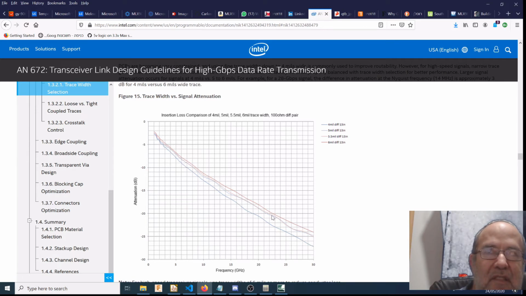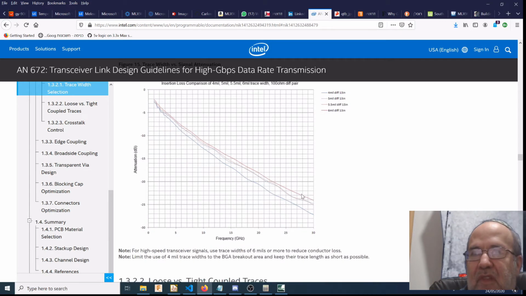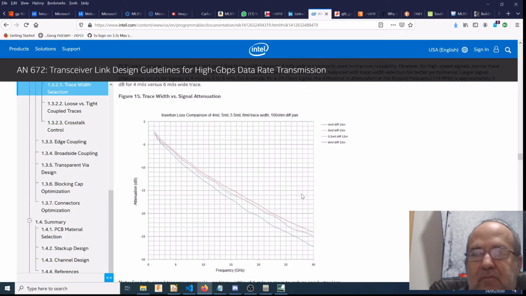And one can see the attenuation in dB going up as you use thinner tracks. Okay.